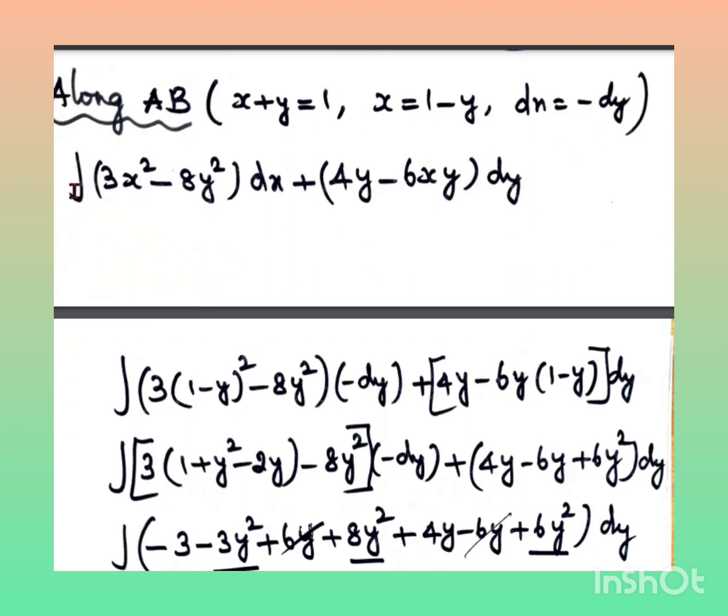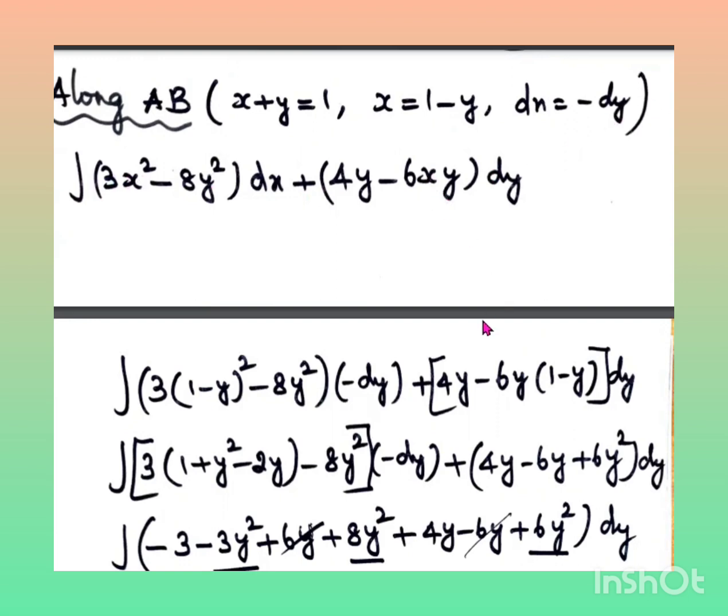Therefore, in the given problem, the integral of (3x square minus 8y square) dx plus (4y minus 6xy) dy. So here for x you have to write 1 minus y, and for dx you have to write minus dy.